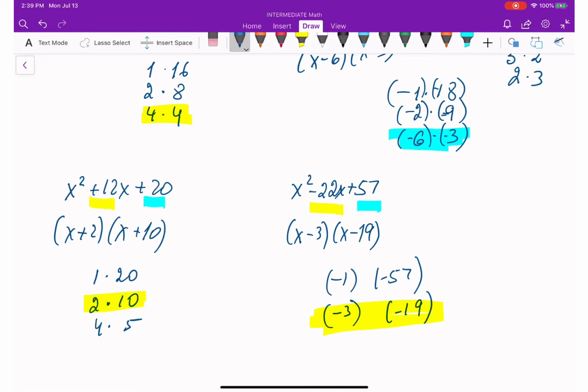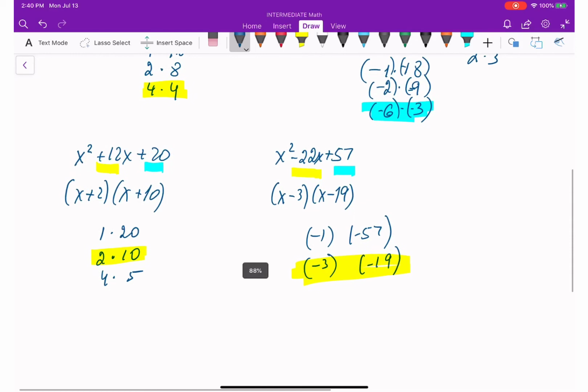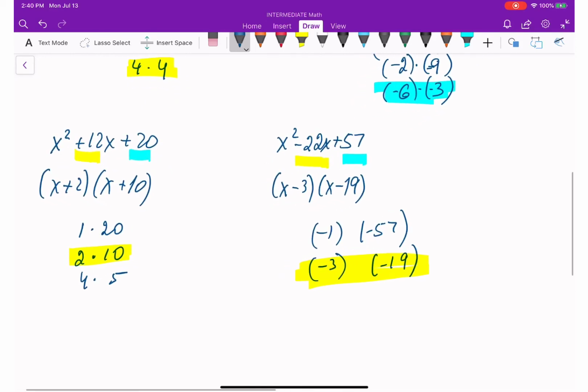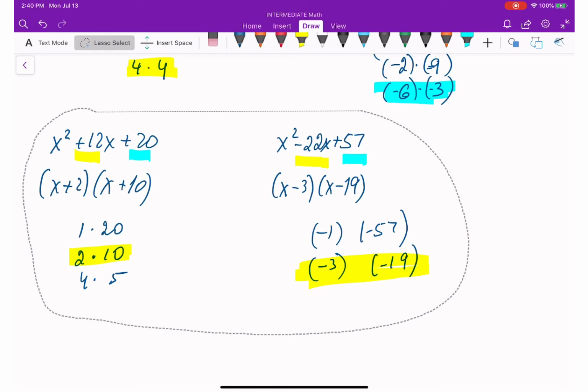Okay? All right. Moving to next one. So we looked at two cases when both numbers are positive or both numbers are negative. Now let's look when one number is positive, one number is negative.